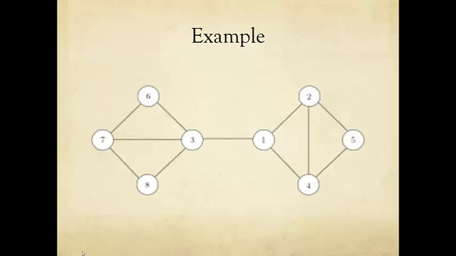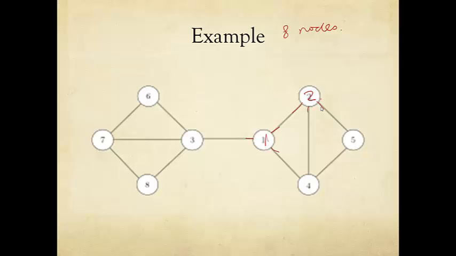But first, let's illustrate these with a simple example. This is a network with just 8 nodes. We could compute the 4 different centrality measures for each of the 8 nodes, but that would take too long. Let's focus just on 2 nodes, nodes 1 and 2 here. If you just look at the graph, intuitively node 1 has a degree of 3, node 2 has a degree of 3, but they shouldn't be equally important.